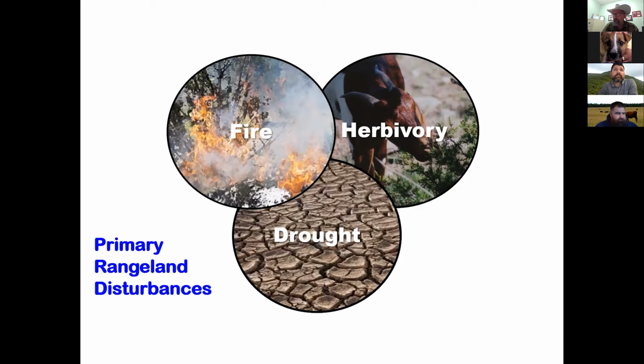Now I'm going to use drought here in a little bit broader sense to mean weather of any kind in the short term, climate in the long term. But drought is always an attention getter, and it's kind of the poster child for weather, drought, and how that affects our management and our stewardship. And again, we are currently in a drought.